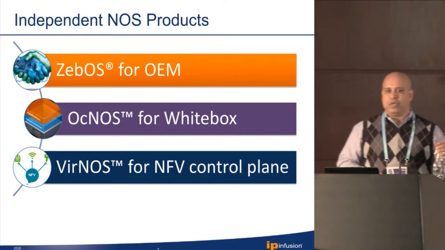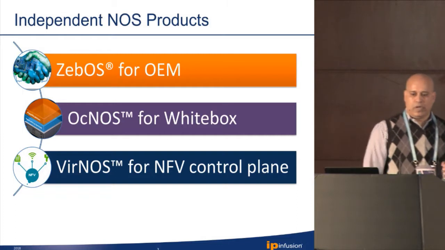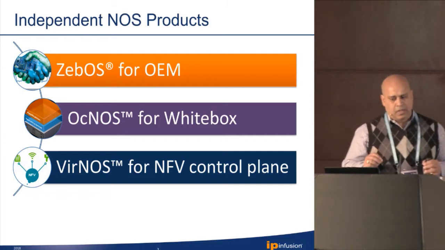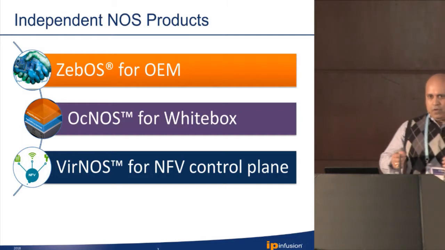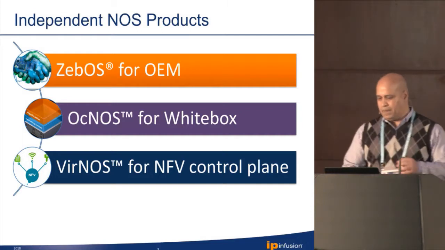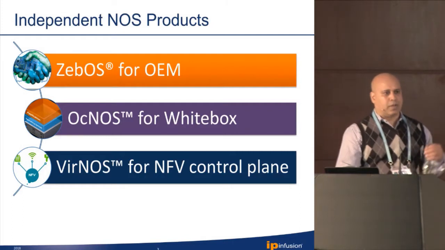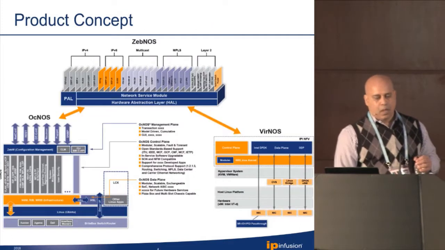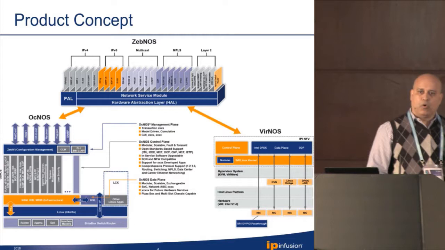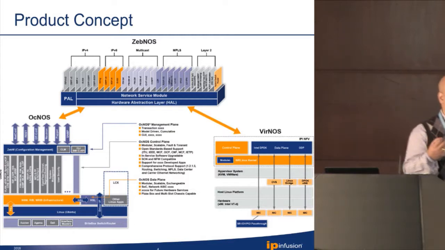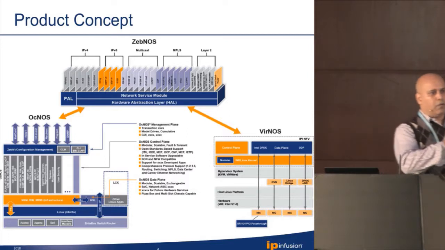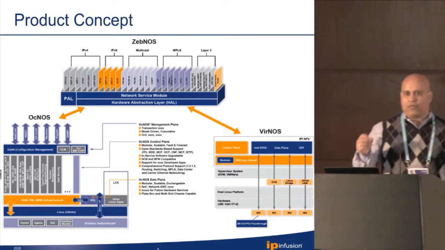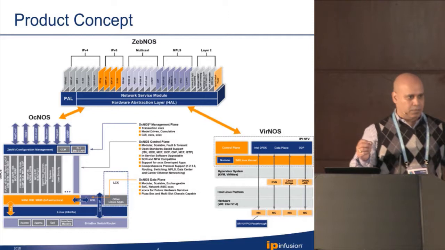A lot of OEM vendors are using ZebOS. The same control plane is used in OCNOS for white box and in VARNOS for the NFV control plane. So you have a choice of 3 products to choose from. As I mentioned, ZebOS is the core control plane for OCNOS as well as VARNOS, and as you see, all of these software products are modular and extensible.